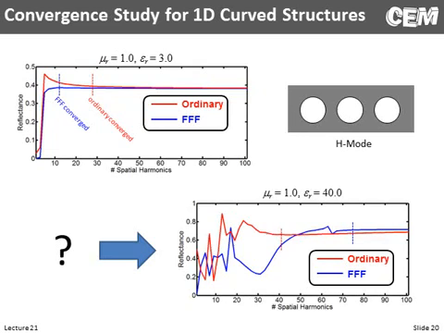So my conclusion here is I think the jury is still out on under what configurations fast Fourier factorization buys you faster convergence. Certainly for binary gratings and almost all cases, it does buy you a lot, you can get away with much fewer spatial harmonics. However, in this one case, it seems to be actually hurting.